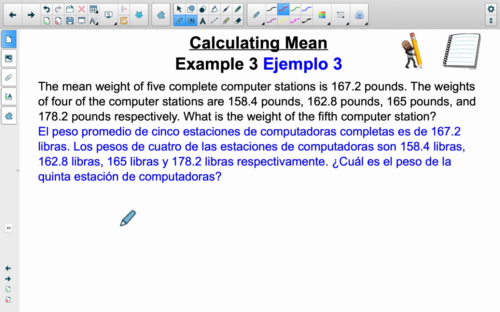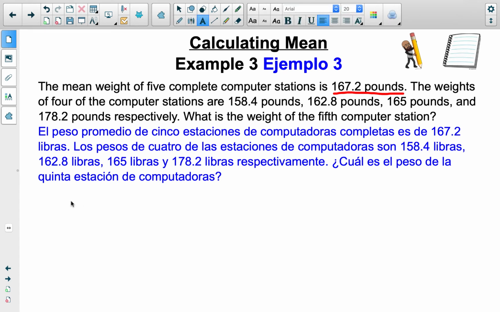Now we're going to apply that same logic to our next example. It's just expanding it to a word problem rather than just a data set that's given to you. So the mean weight of 5 complete computer stations is 167 and 2/10 pounds. The weights of 4 of the computer stations are given here. What is the weight of the 5th?